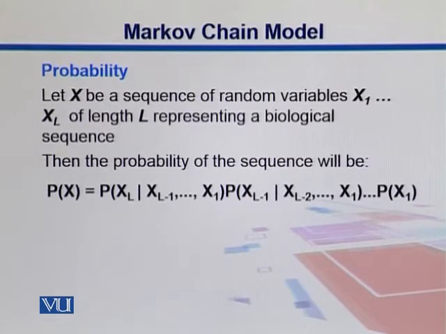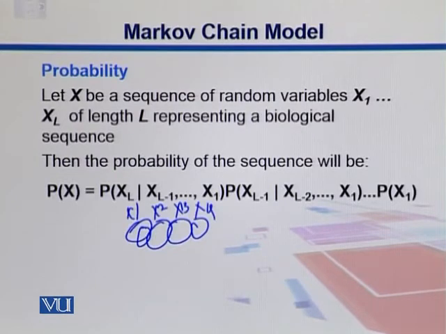Here is how we put that in a formal shape, in an equation. We know the sequence is of length x1 to xL, and for each of these nucleotide positions, let's put them, for instance, in these 5 circles. This is x1, this is x2, x3 and x4.